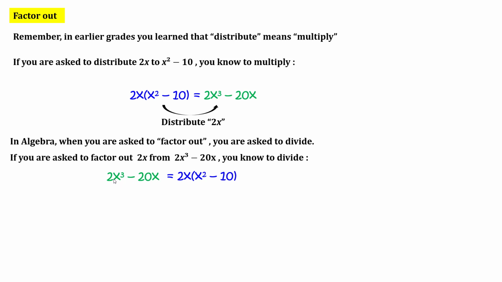The result will say 2x cubed minus 20x equals 2x times the quantity x squared minus 10. So you're basically doing the reverse of this. Going from blue to green we called distributing, and going from green to blue is called factoring out 2x, right? Notice that the rest of it is in parentheses. Okay.